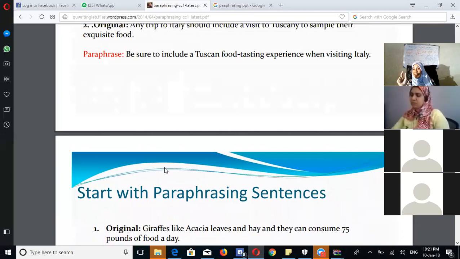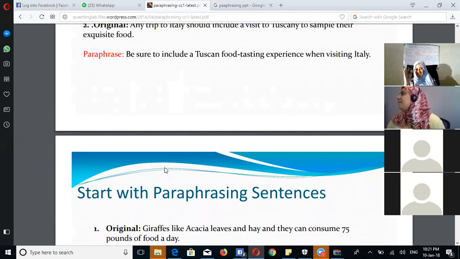Can we say 75 pounds of food can be eaten by giraffes, which like to eat acacia leaves and hay? That's a good one, but where is the day? I said day at the beginning. Say it again. 75 pounds of food a day can be eaten by giraffes, which like acacia leaves and hay.